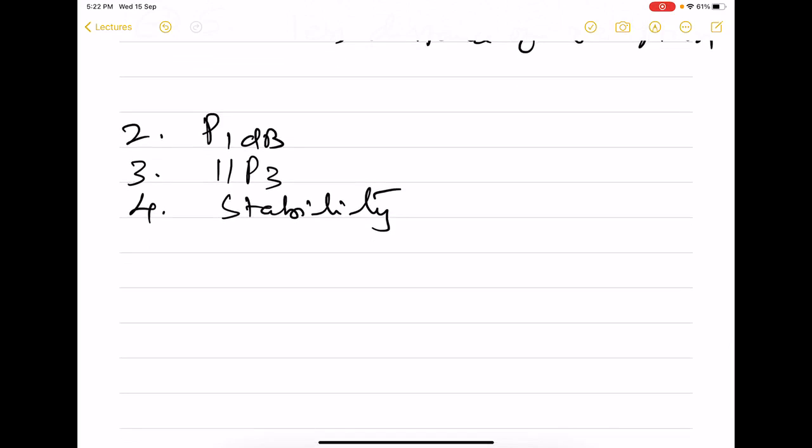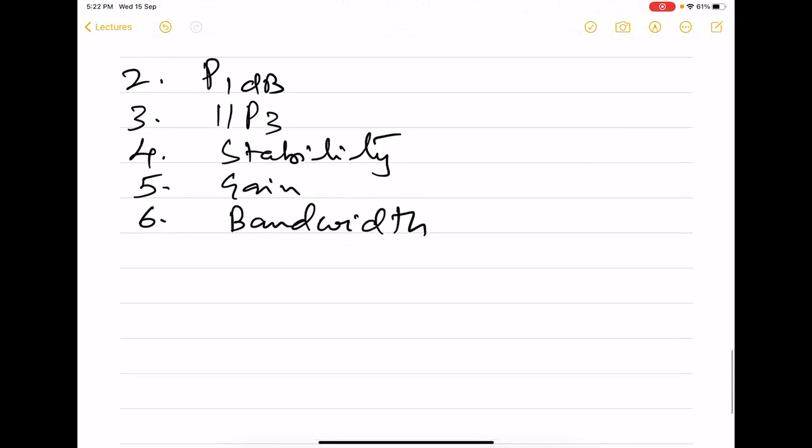And then, of course, this gain and bandwidth. So these are the usual parameters for every amplifier that we talk about. And input and output impedances.